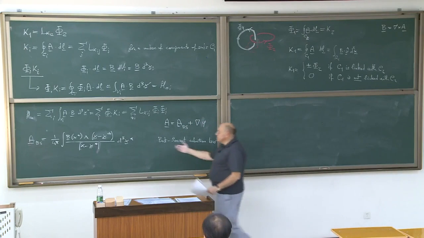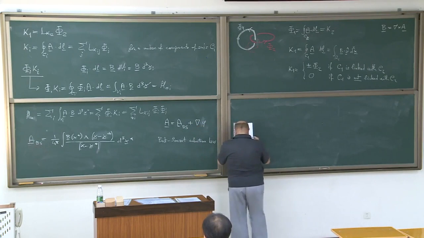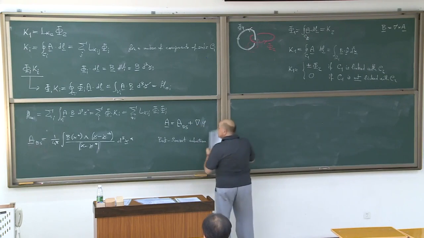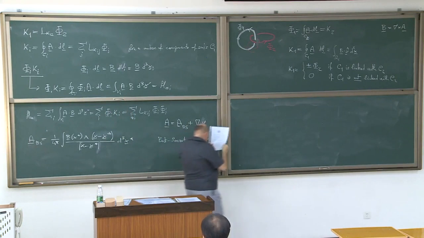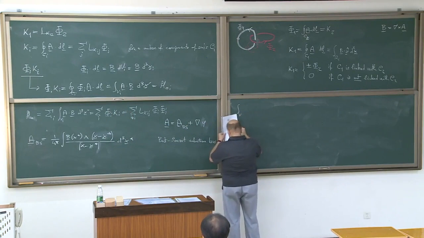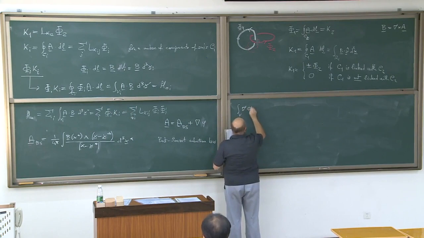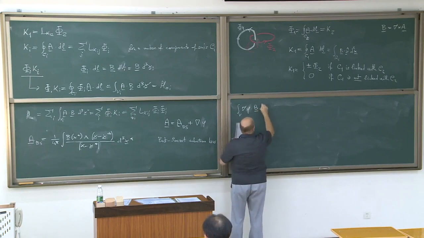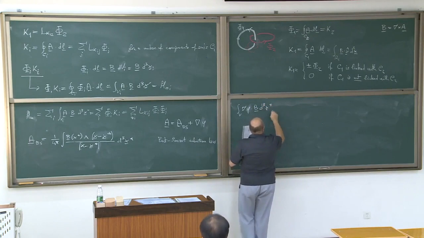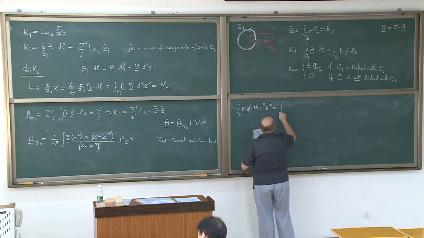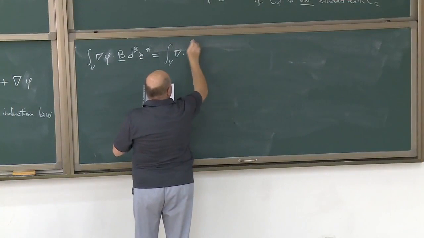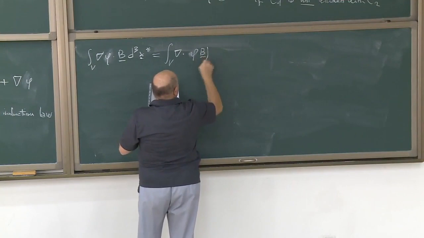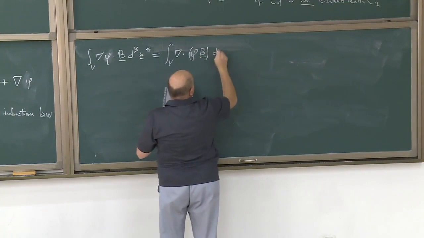And we can see that if we substitute this in this expression, the integral over V of grad little phi dot B d3x is the integral on V of the divergence of little phi B d3x.